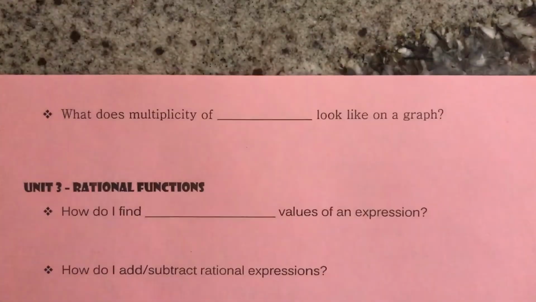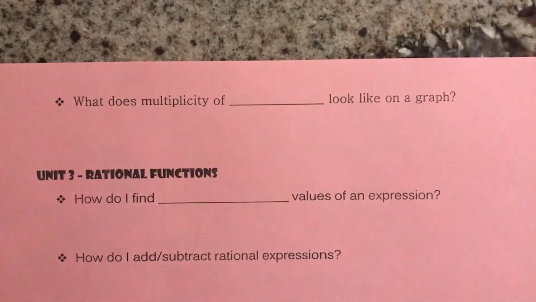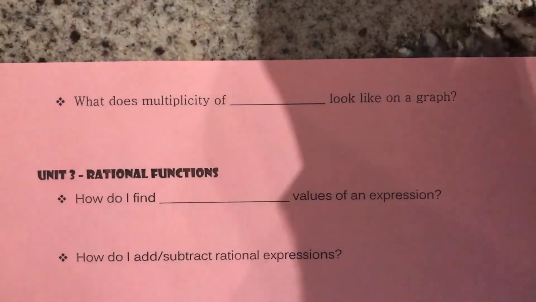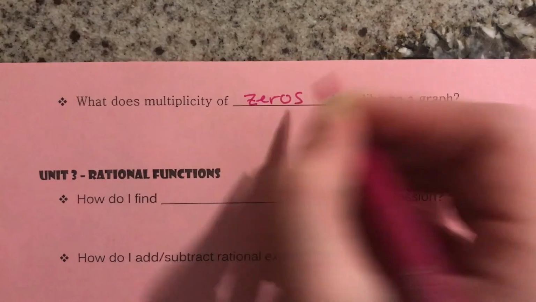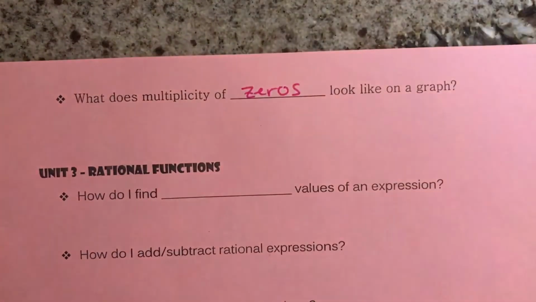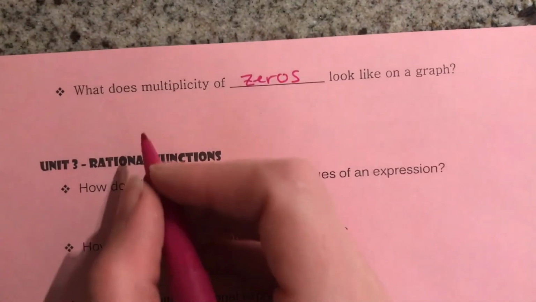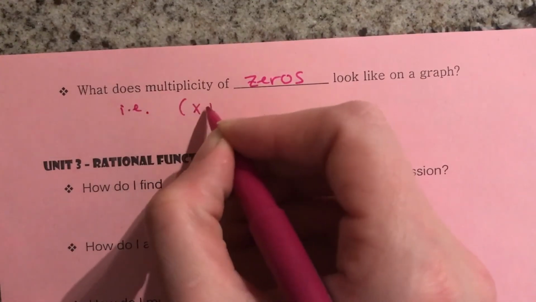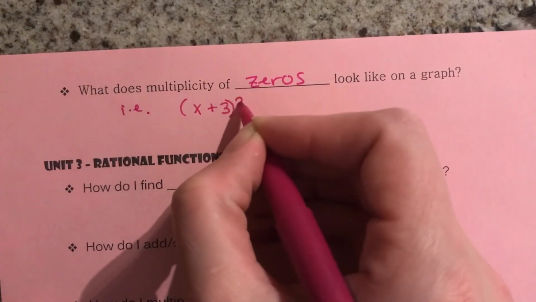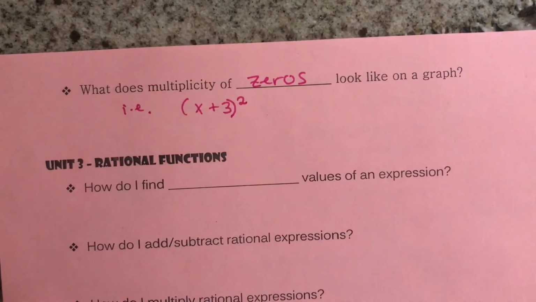And the last part we did with the graph matching was the multiplicity of our zeros or our roots. And how does that look on a graph? So for example, maybe you see your equation says x plus 3 squared.